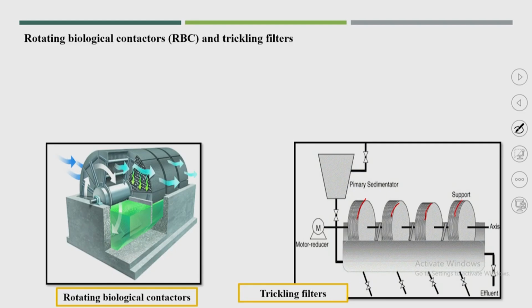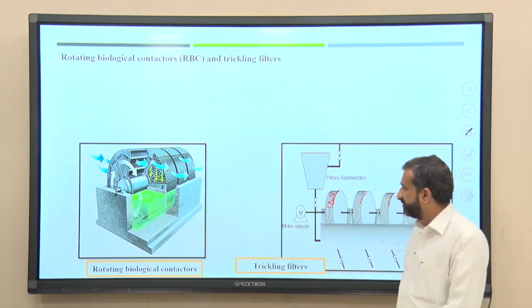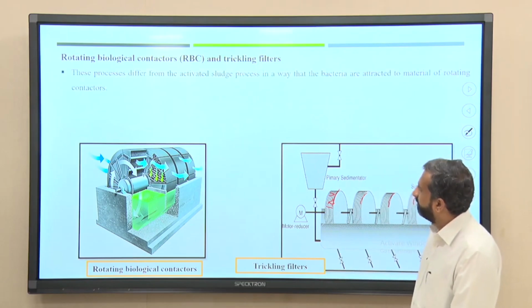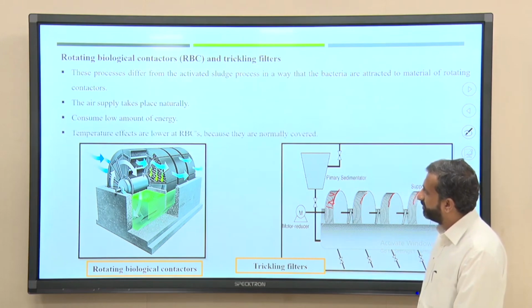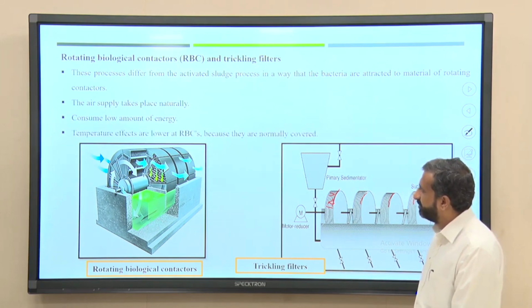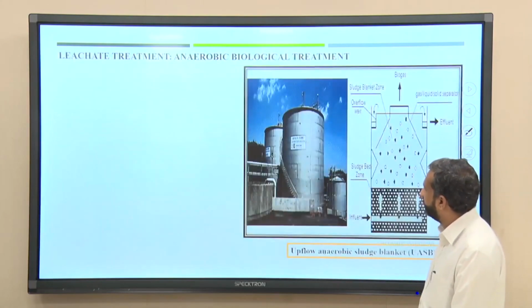So, the bacteria will grow onto the surface, and once these bacteria are immersed into the leachate, they degrade the organic matter. This is different from the activated sludge process. The air supply takes place naturally, it consumes a low amount of energy, and temperature effects are lower at RBC because they are normally covered.